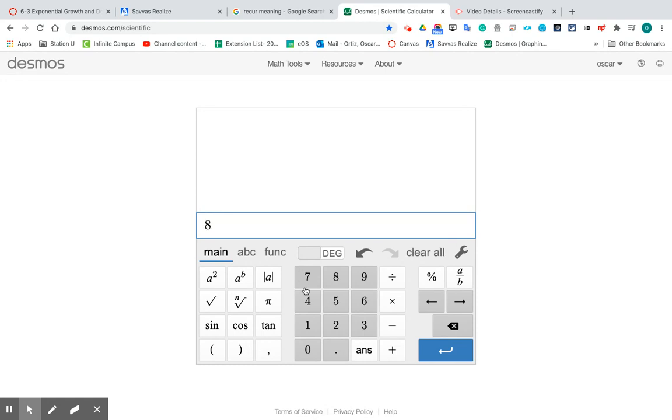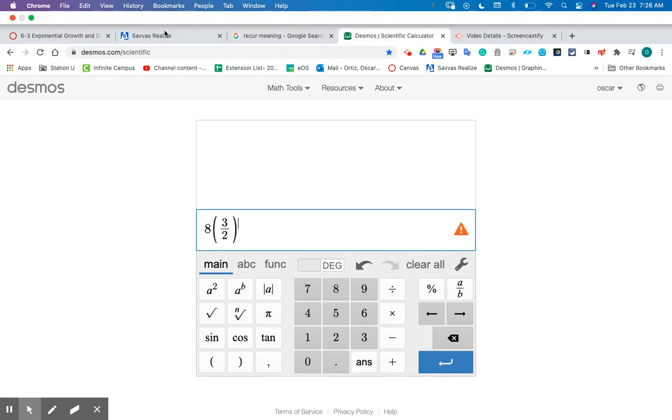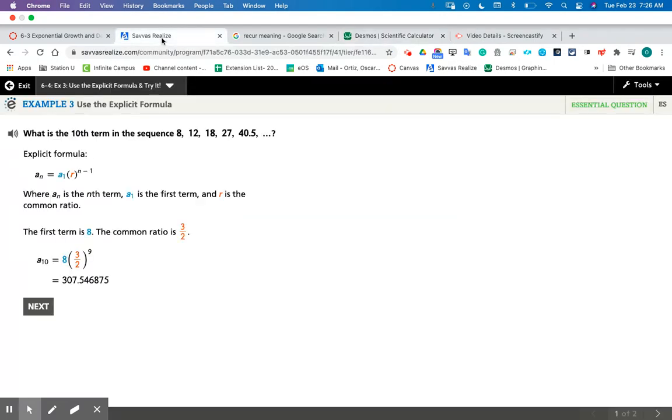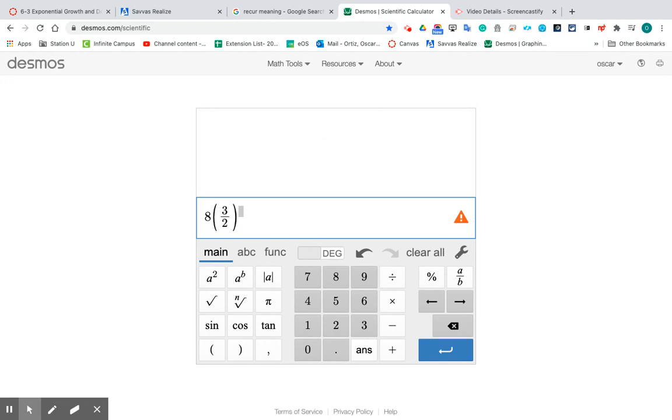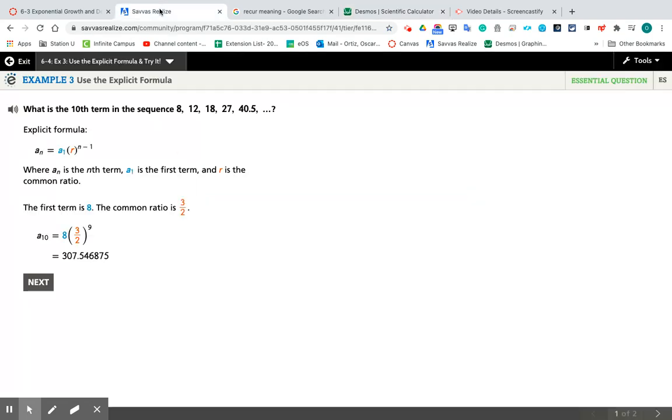I said I wasn't gonna do it, but so you said fraction, this is 3 and this is 2, and then you get out of the parentheses, and we got right here, I want you to notice raised to the 9th power, and that should be the answer that you see right here.